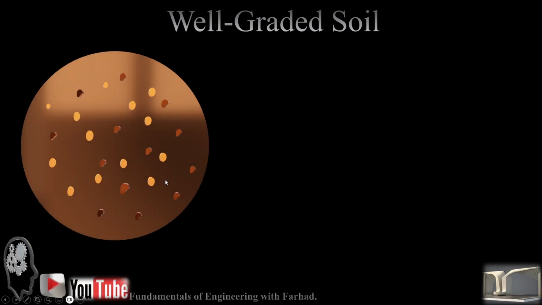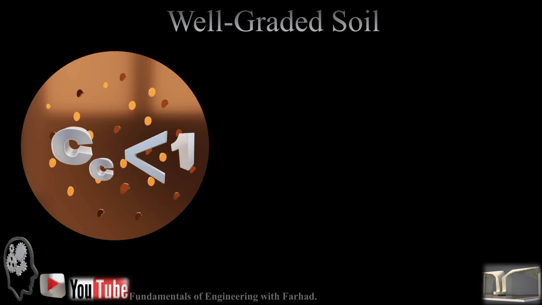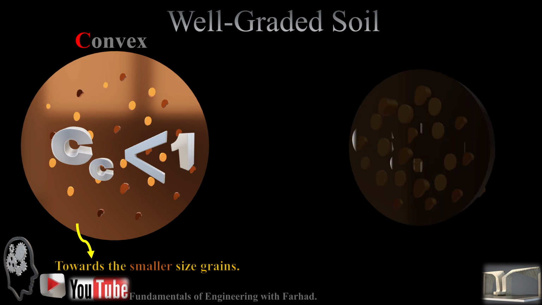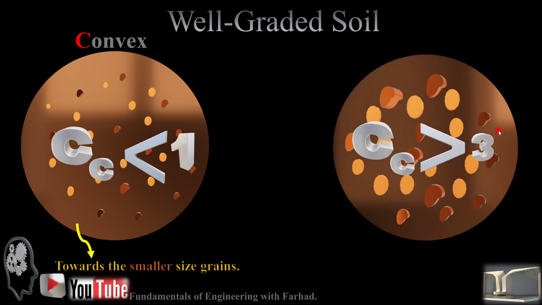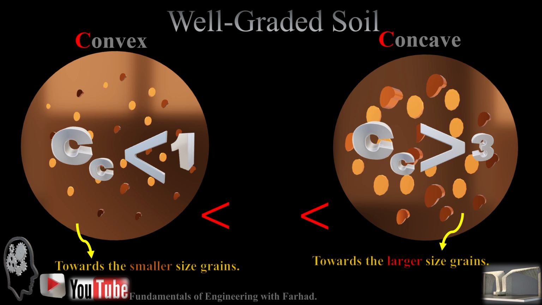So for a well-graded soil sample, if we have C sub C less than 1 in a convex shape, our sample moves toward the smaller size grain. And if our C sub C is higher than a numeric value of 3, it moves toward the larger size grain, which is not acceptable for a well-graded soil.